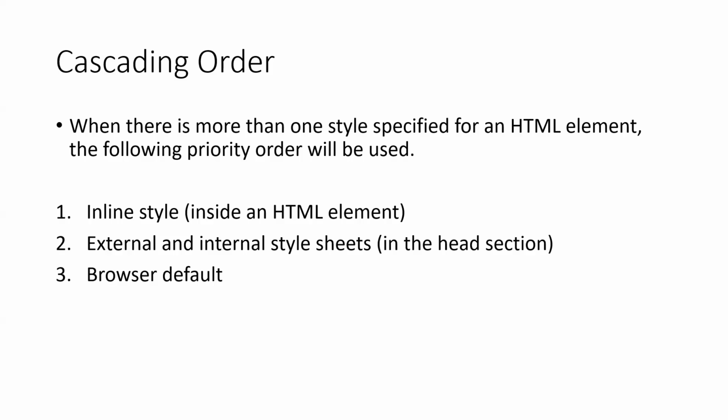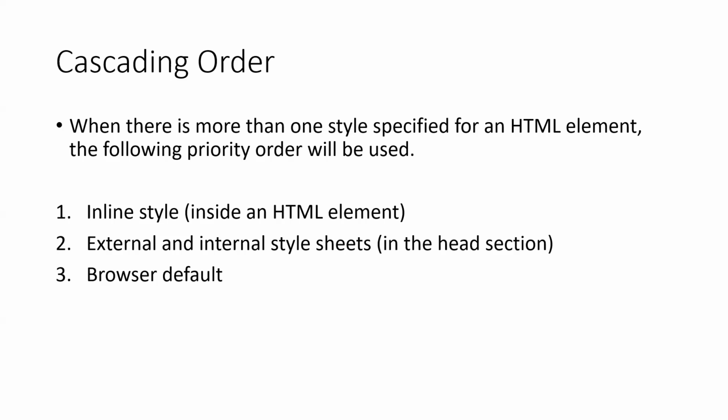So the cascading order, when there's more than one style specified in HTML, usually this is the priority order. Usually it will use inline style, meaning if you have specified anything within the element itself, then it will apply. That's the priority.